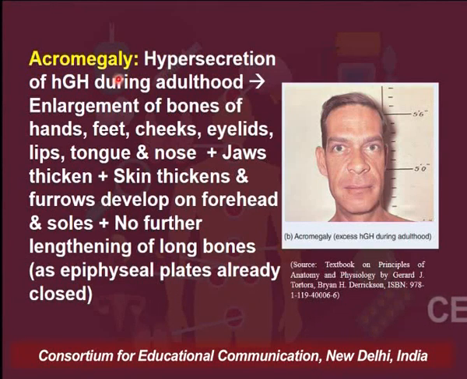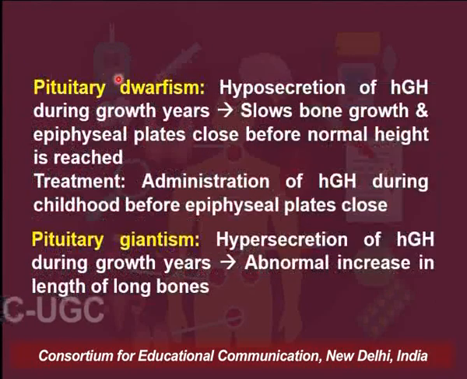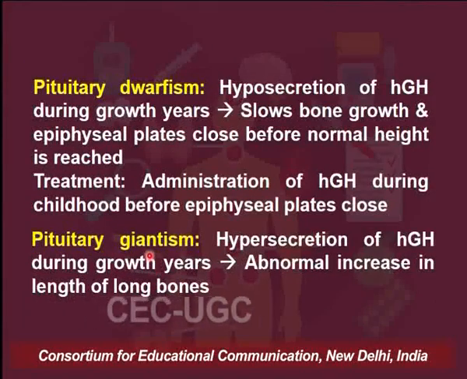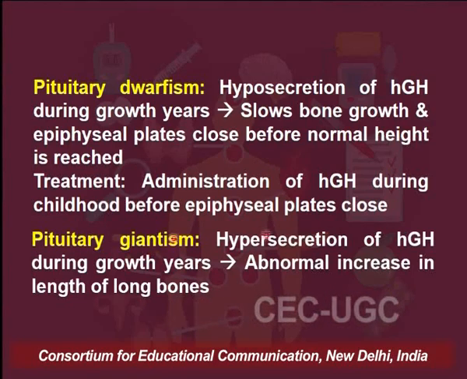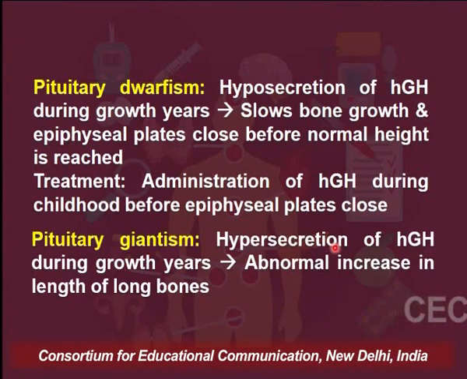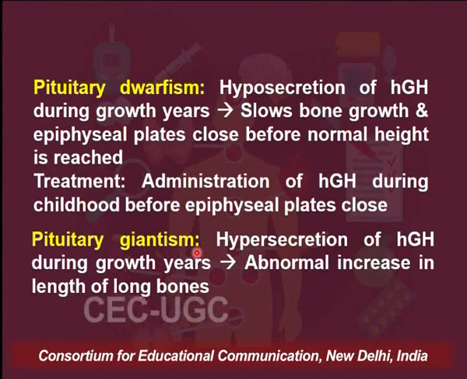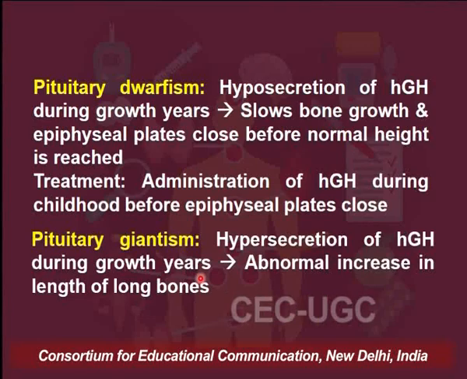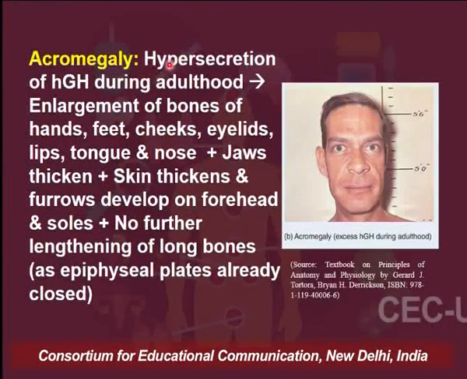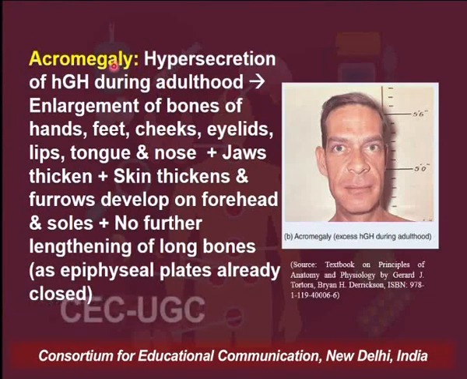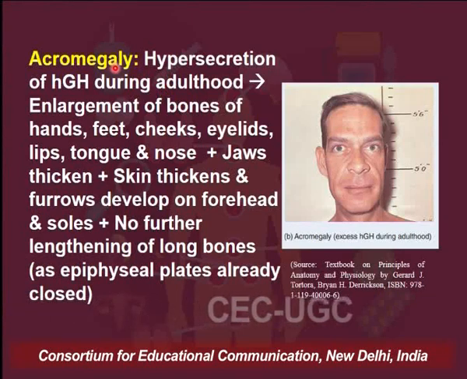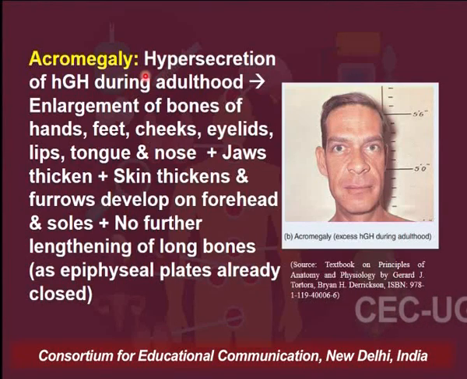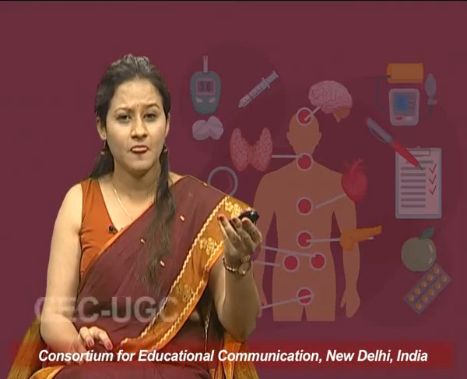So the primary difference between acromegaly and pituitary giantism is the duration at which the hypersecretion of growth hormone takes place. Giantism will occur when the hypersecretion of growth hormone is during the growth years, while if there is hypersecretion of growth hormone during adulthood, it would lead to acromegaly.